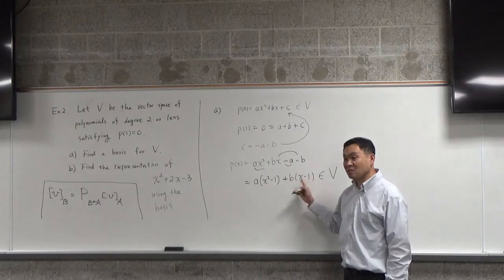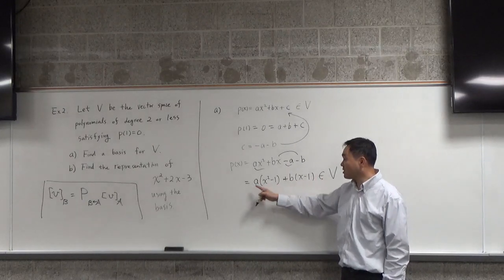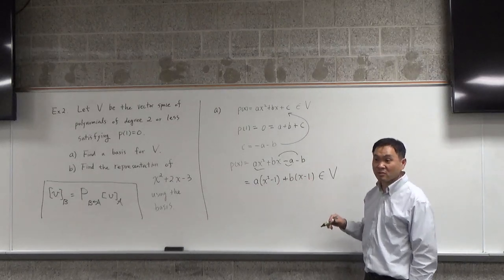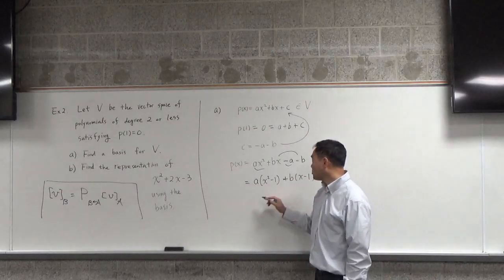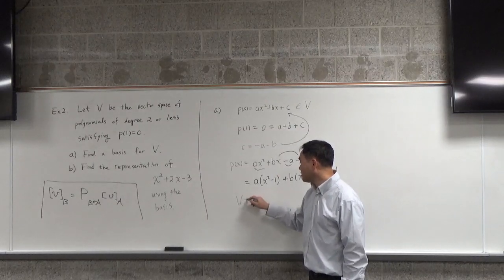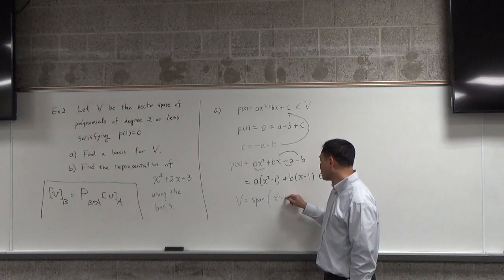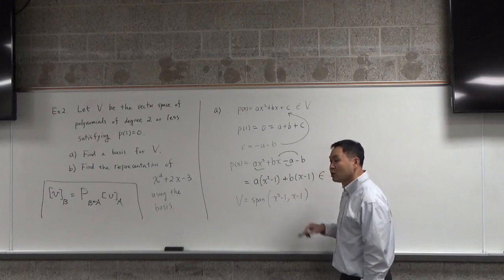It's a times a vector plus b times a vector, a linear combination of two vectors. So I've just shown that V is in the span of x squared minus 1 and x minus 1.